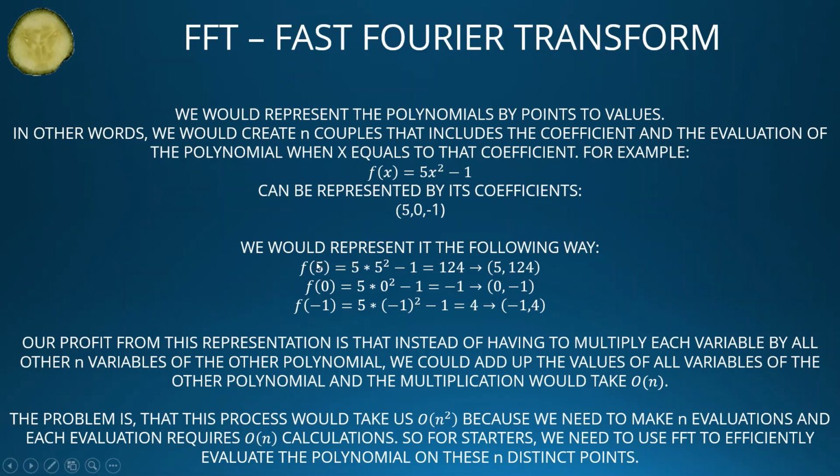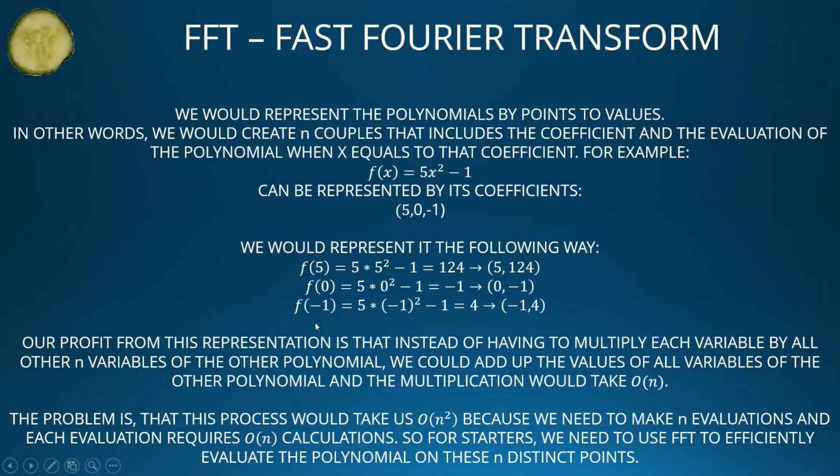So f(5) equals 5 multiplied by 5² minus 1 equals 124. And therefore, our point-value data is 5, 124.